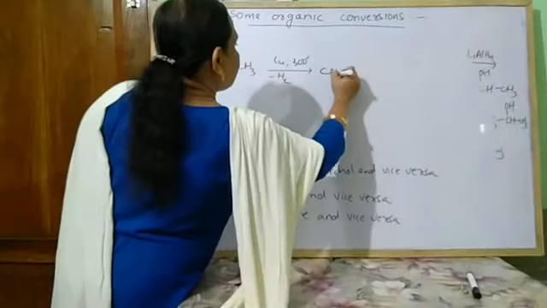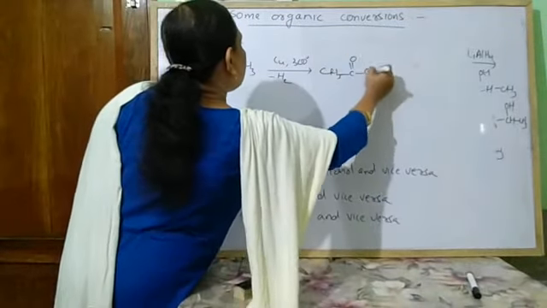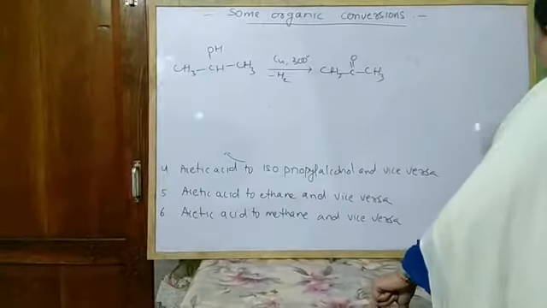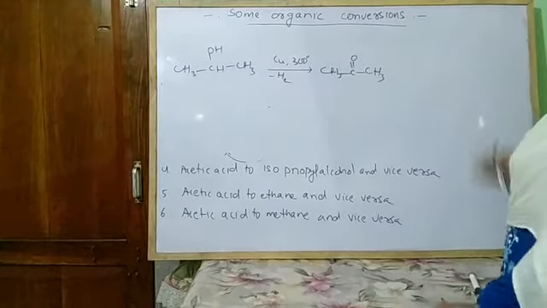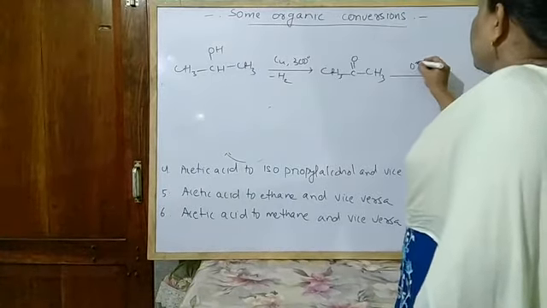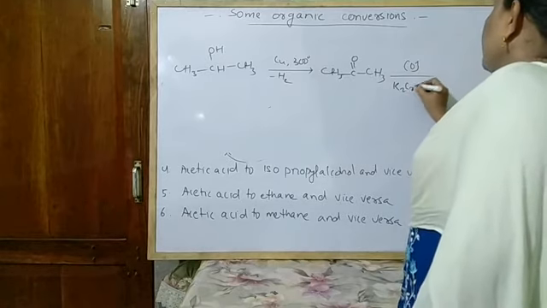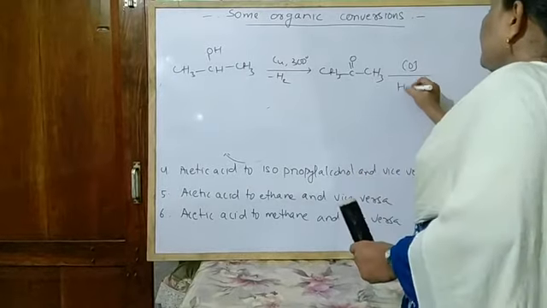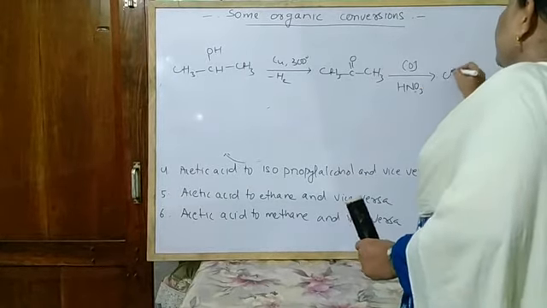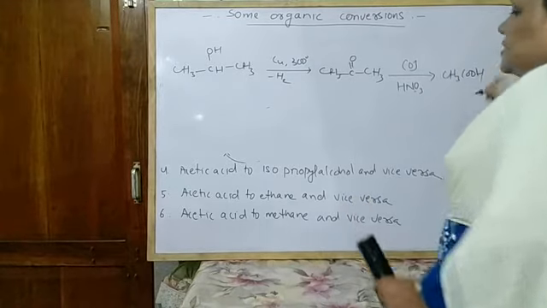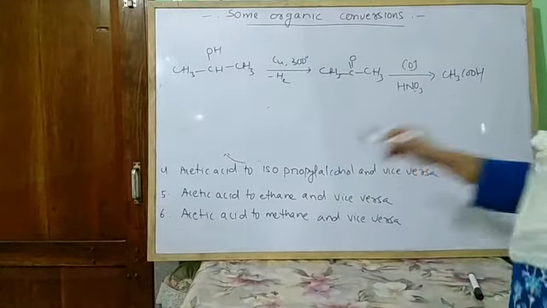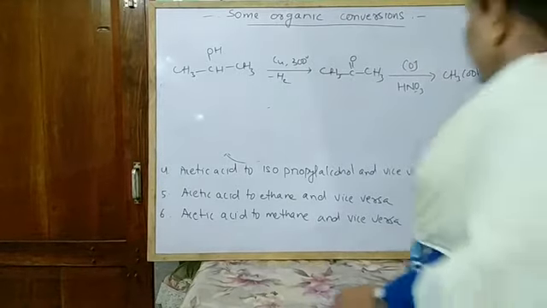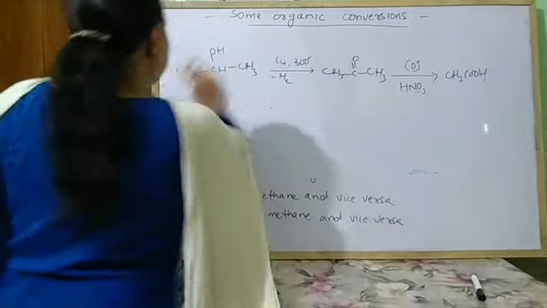It forms acetone. And from acetone to acetic acid, already I have discussed in last question. That is oxidation in presence of either K2Cr2O7 H plus or nitric acid, which gives rise to acetic acid. So this is acetic acid to isopropyl alcohol and this is isopropyl alcohol to acetic acid. Next, come to next question.